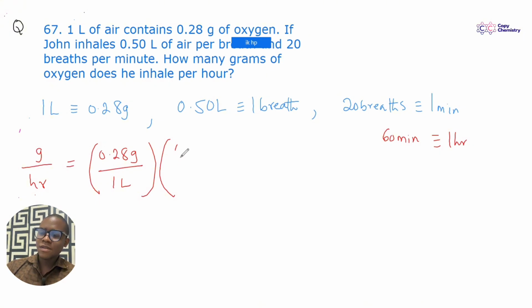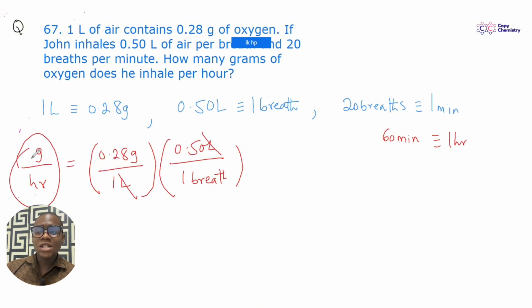It will make sense if I write 0.50 liters divided by 1 breath, because this helps me cancel out the liters that I don't need in my final grams per hour. I think this is a good call.